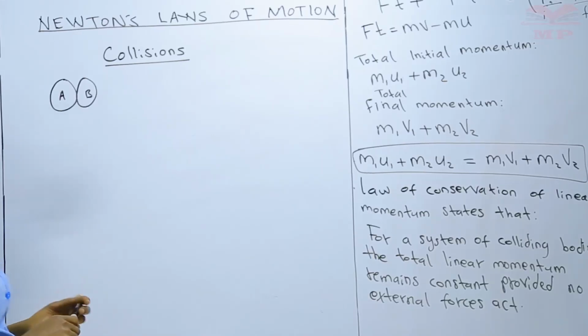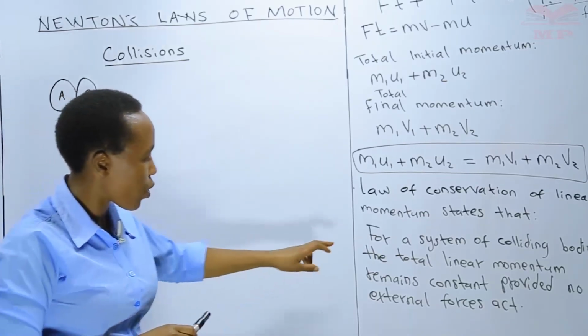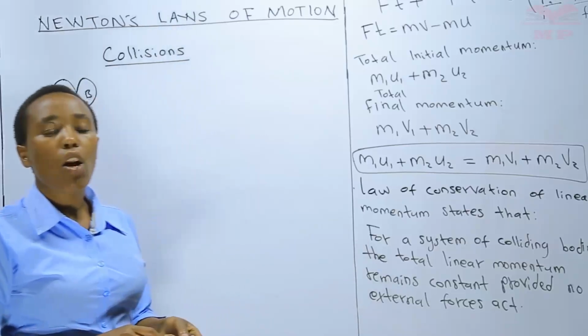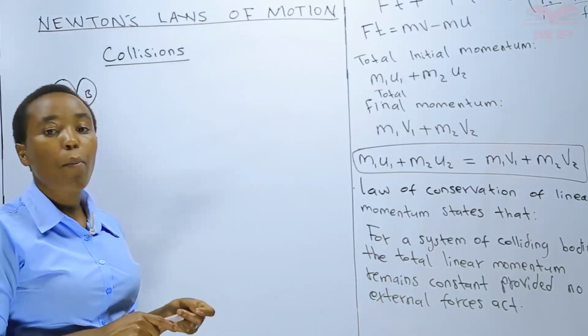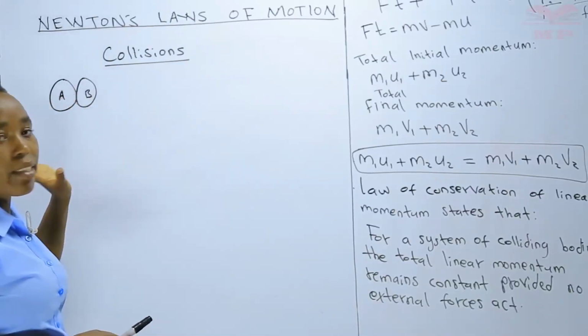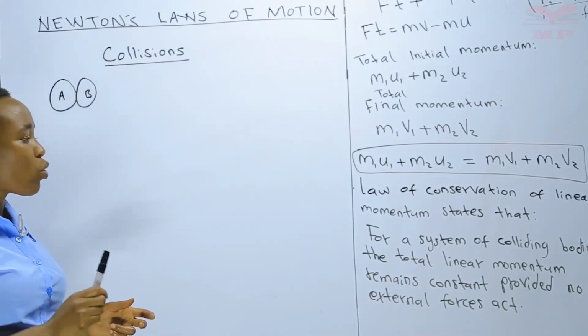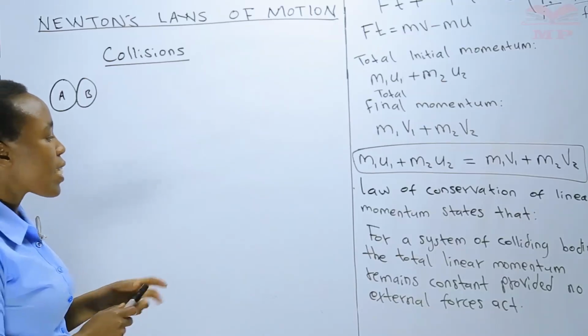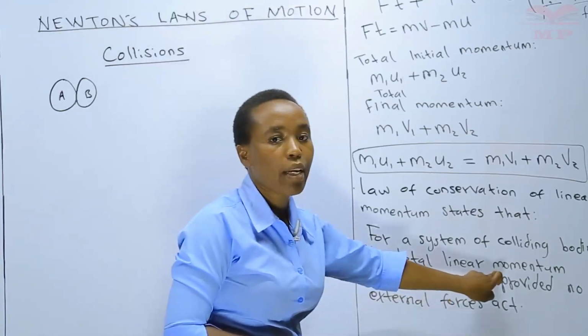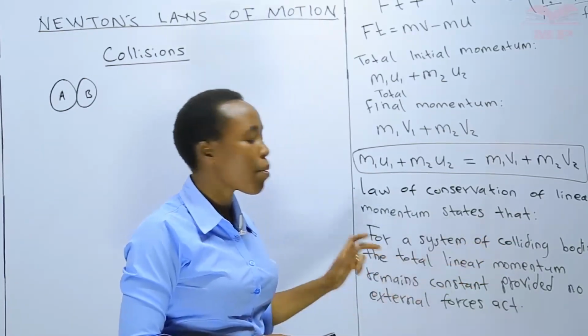One thing that we should note with collisions, just as we have seen when we stated the law of conservation of linear momentum, is that for any colliding bodies, the linear momentum will be conserved. There is no loss in momentum.